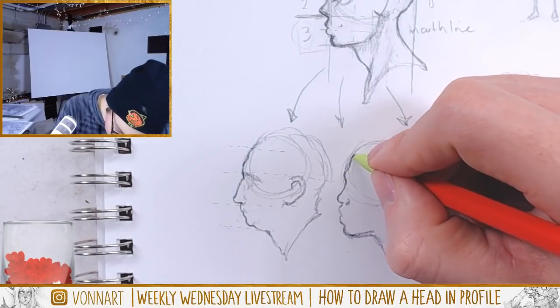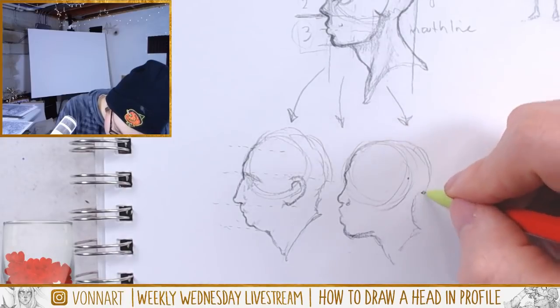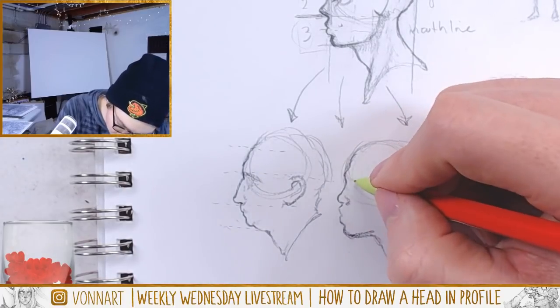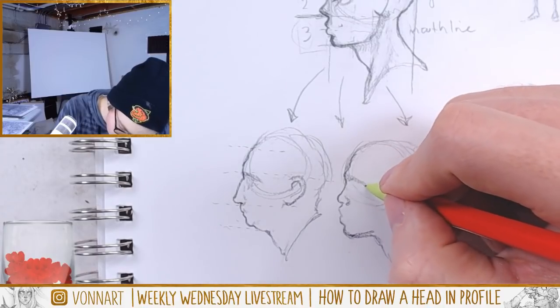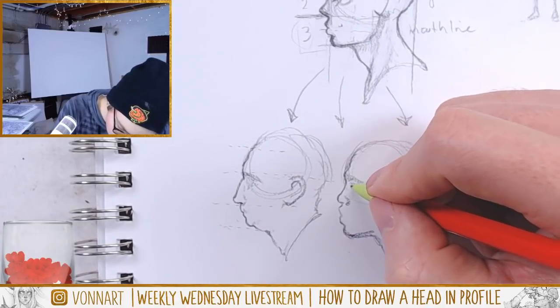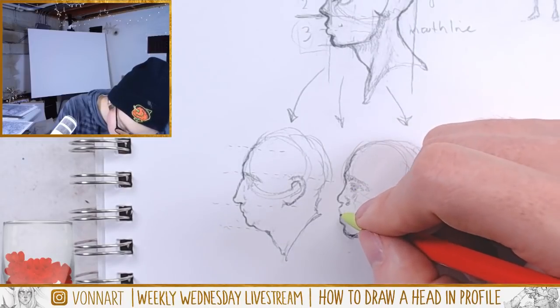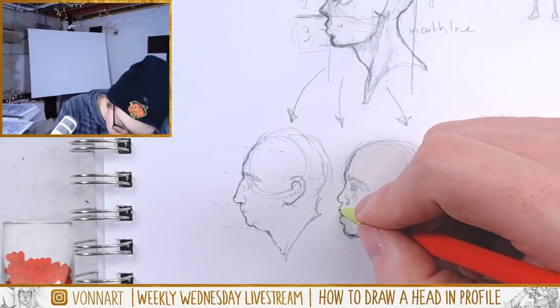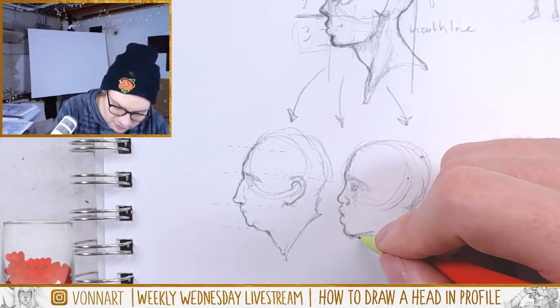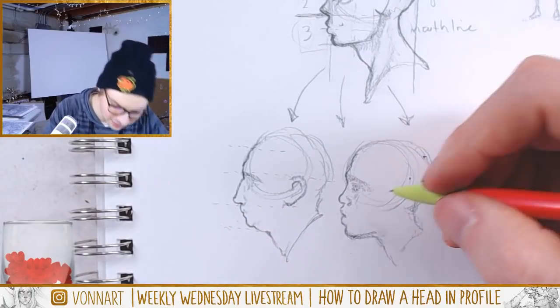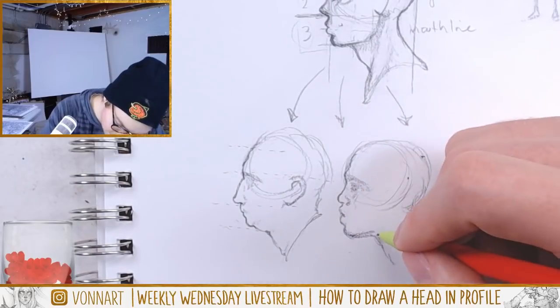And I may edit on the fly, because I try to work fast, especially when I'm doing these quicker drawings. So in this example, they have a slightly more bubbled nose and slightly larger lips.